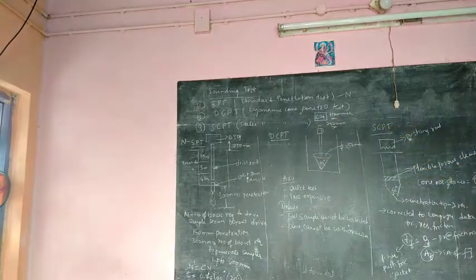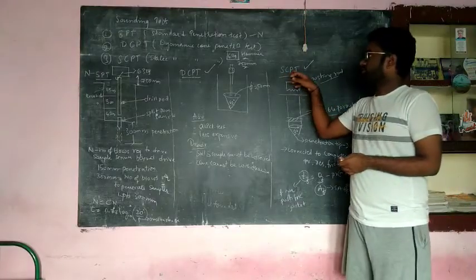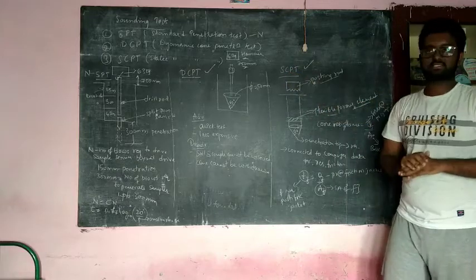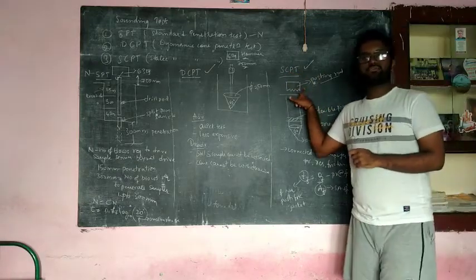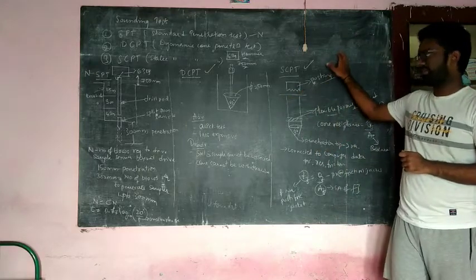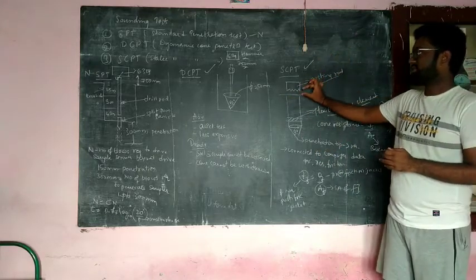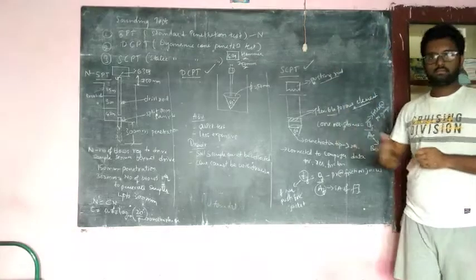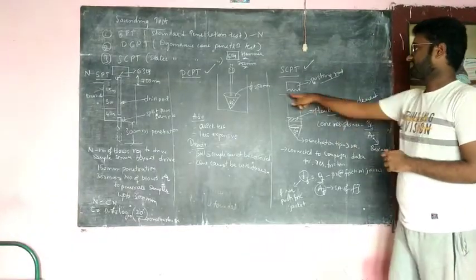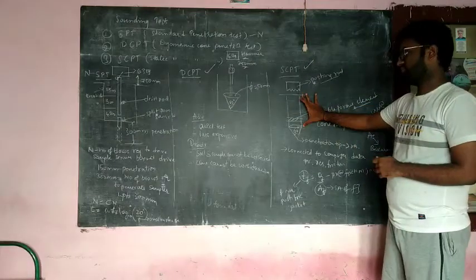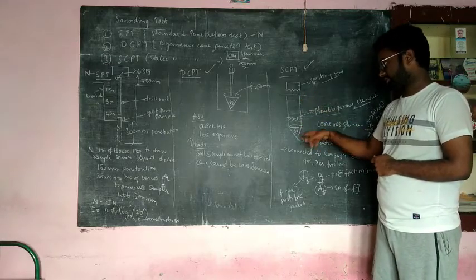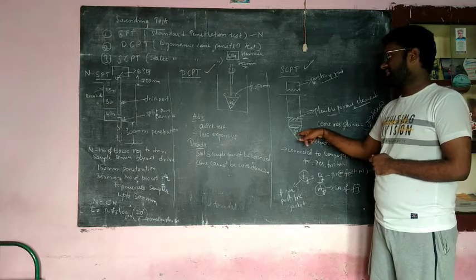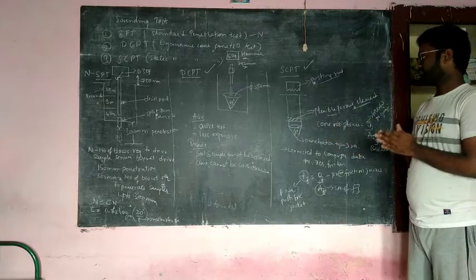Now coming to the static cone penetration test. What is the static cone penetration test? Initially there is a pushing rod at the top end, and it is driven a certain distance. This is the ground level and this is the rod which is being driven, and the cone is at the tip end, and the angle made by the cone is 60 degree.